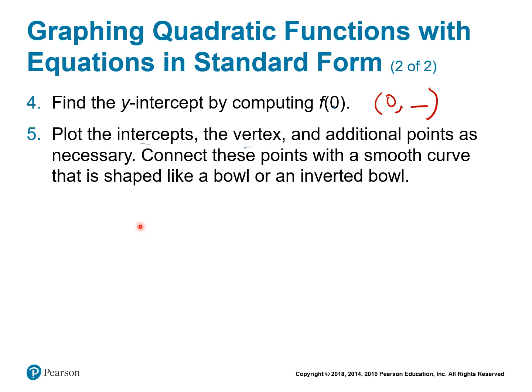It could be 2 x-intercepts, a y-intercept, and a vertex. All right, so 4 points and any additional points. Connect these points with a smooth curve, which is a smooth U-shaped curve, whether it's upturned or downturned based on the sign that goes with A.